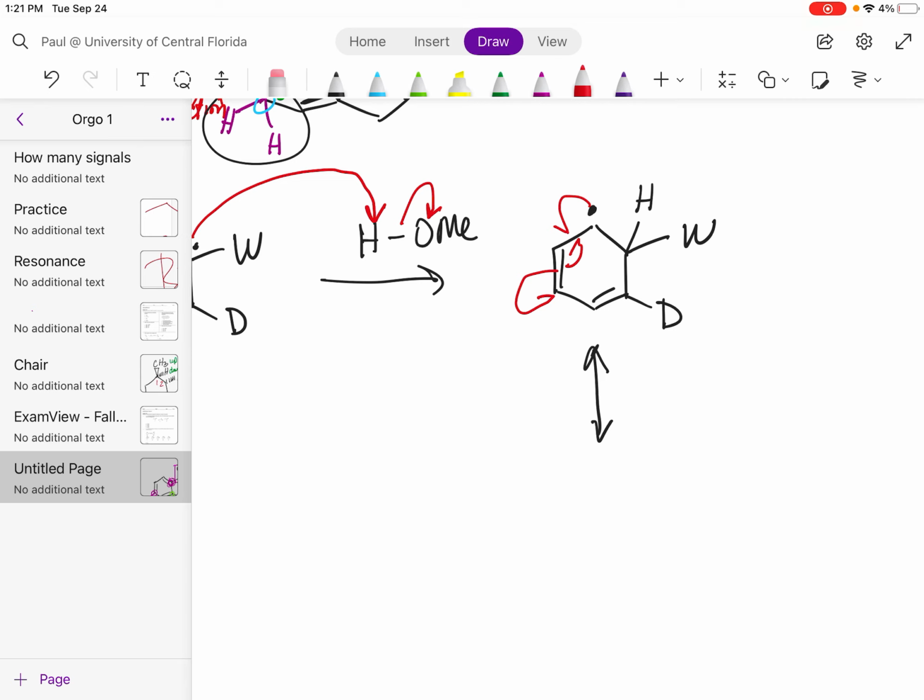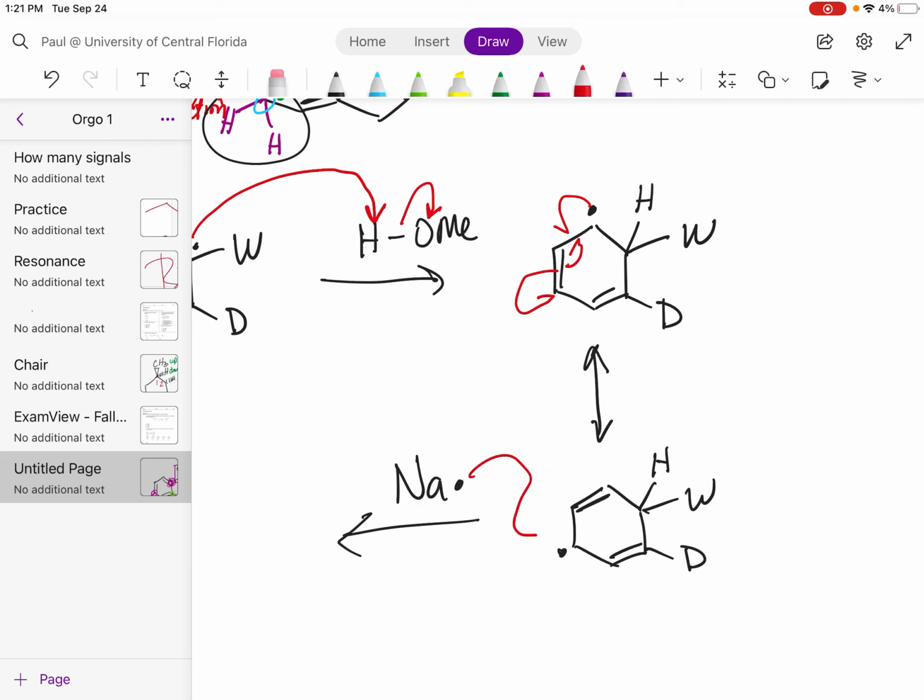When we look at that resonance structure, electron withdrawing group, the hydrogen's still there, D there. We would have a double bond there now, and then a radical. And so the next step would have to be we would take another sodium atom, say it's going to love to just donate an electron.